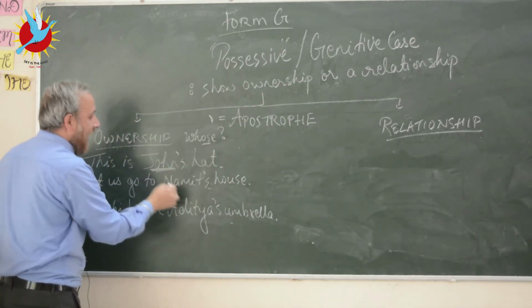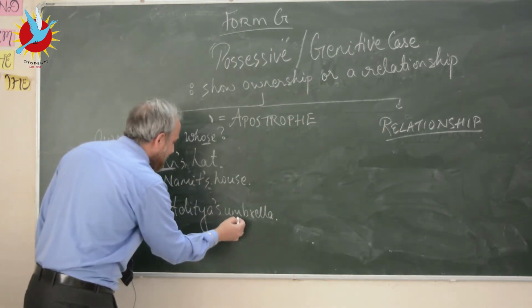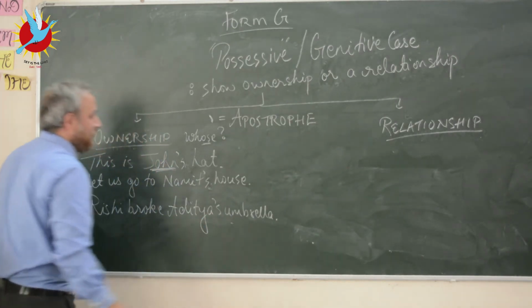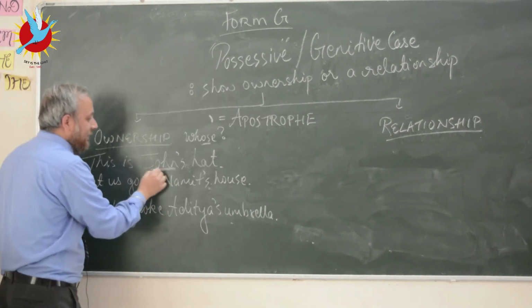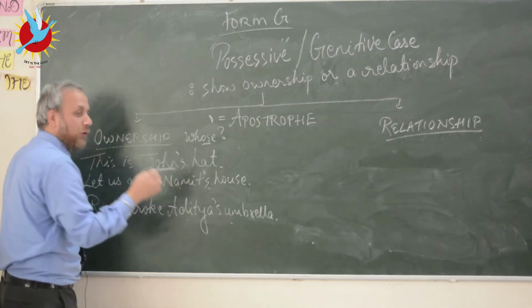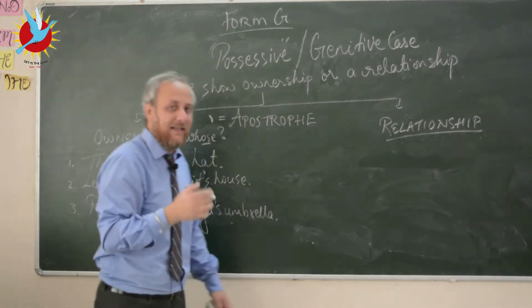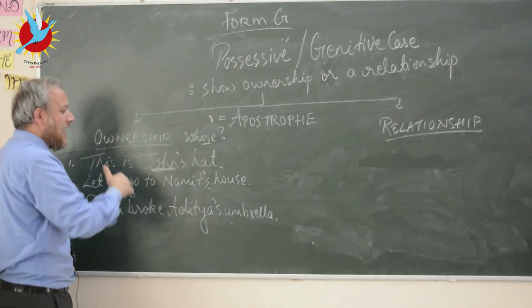This is John's hat. Whose house is it? It is Namit's house. And whose umbrella is it? It is Aditya's umbrella. We use the genitive or possessive case to show that a particular thing belongs to that particular noun.